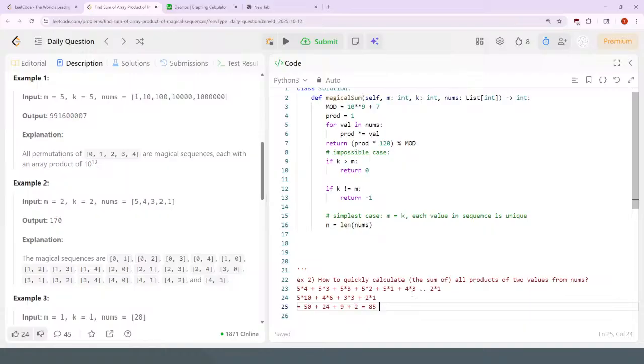So I could do that in one pass, if I do a prefix or suffix sum array. Or I can do the reverse and do 4 times the sum of the things before it, 3 times the sum of the things before it, 2 times the thing. So then I would use a prefix array for that.